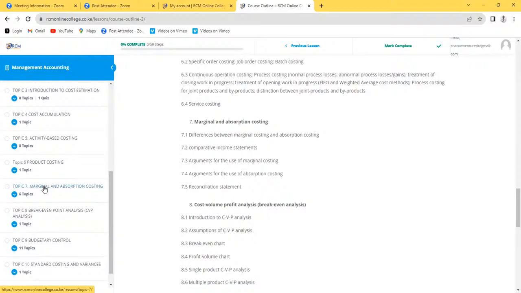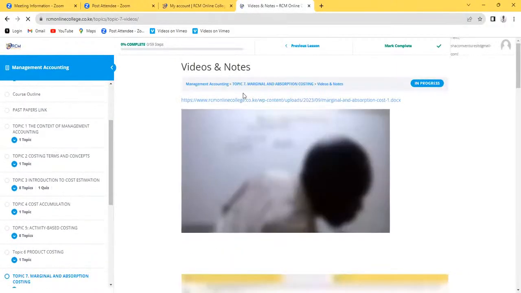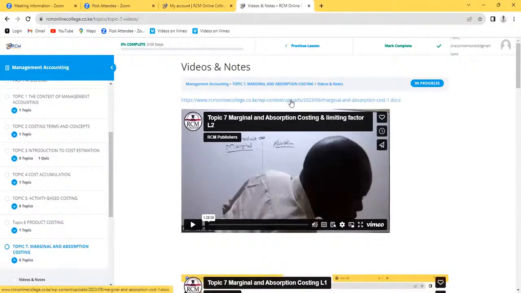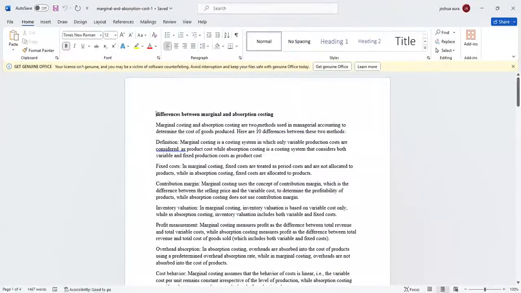If you get to the same topic number 7, if you cannot go through these notes, you can also get the other notes here, which I believe are almost related. Just get to that part, where I will be sharing my screen with you. It is almost the same as what we have there.